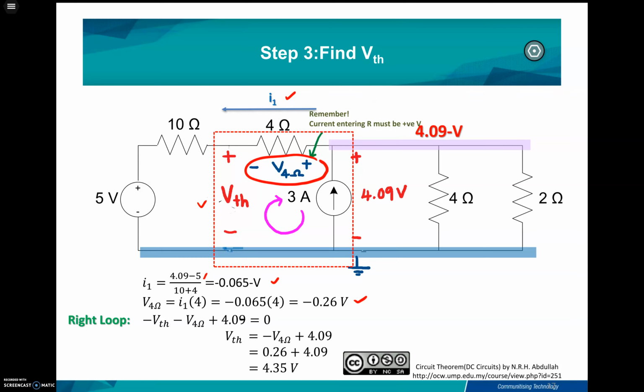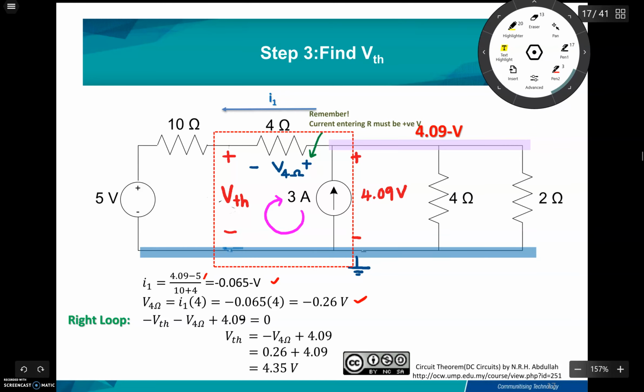And then I choose the right loop here. Assume that the loop is clockwise, and I start with the Thevenin voltage here. So this is the first equation: minus V Thevenin minus V4ohm, and then plus 4.09.